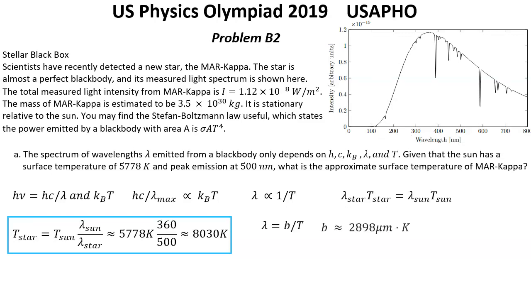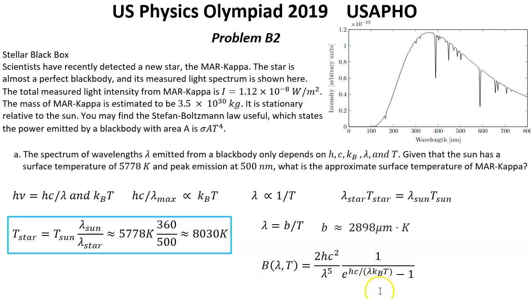The formula for Wien's law looks like λ equal b over T, where b is a constant approximately equal to this value. Planck's radiation law describes the spectral brightness or intensity of blackbody radiation as a function of wavelength at any given temperature.